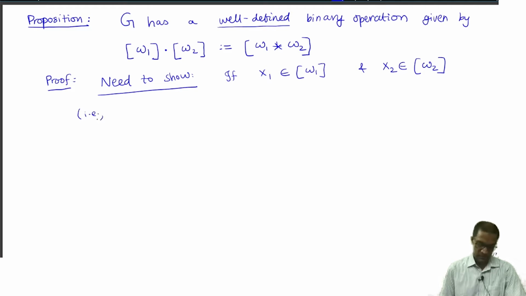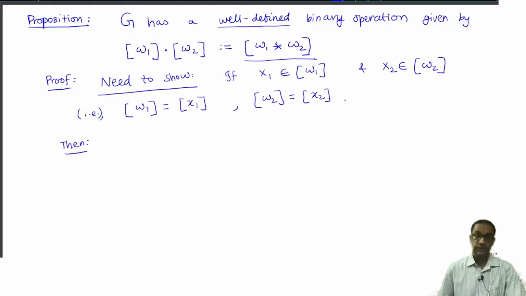I.e., instead of taking W1 as my representative, I am thinking of x1 as my representative of that class, and similarly, okay, so I'm changing my representative. Then suppose I do this, I need to show that my right hand side will be the same answer, whether I do W1 star W2 and take the concatenation, or I take x1 star x2 and take their concatenation, the answers should be the same.